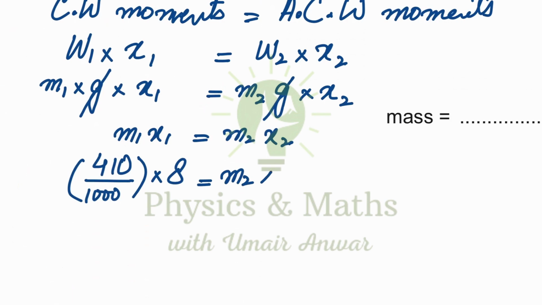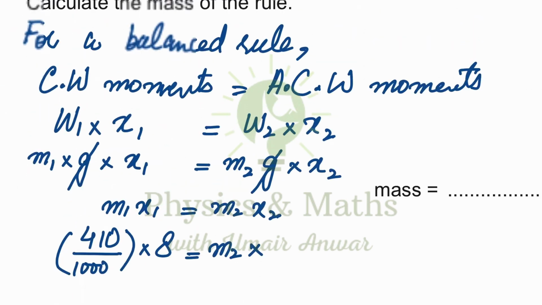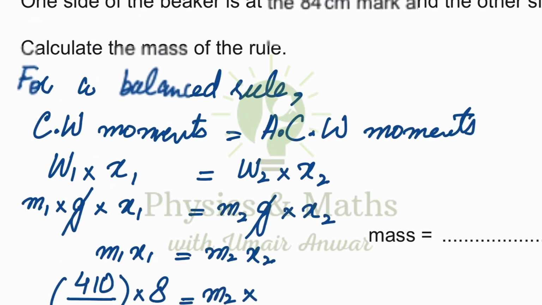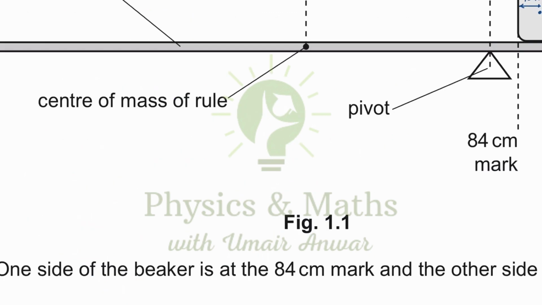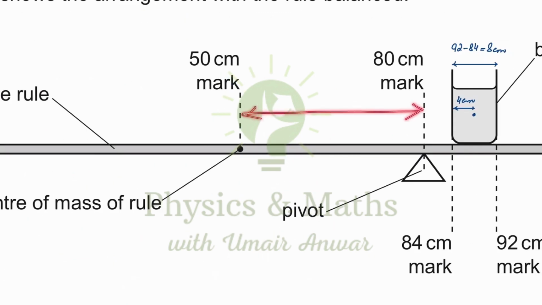M2 is to be found, and the center of mass of the rule is 30 centimeters away from the pivot. Since the center of mass is at 50 centimeter and the pivot is placed at 80 centimeter, 80 minus 50 is going to give us 30 centimeter as the distance between the center of mass of the rule and the pivot.